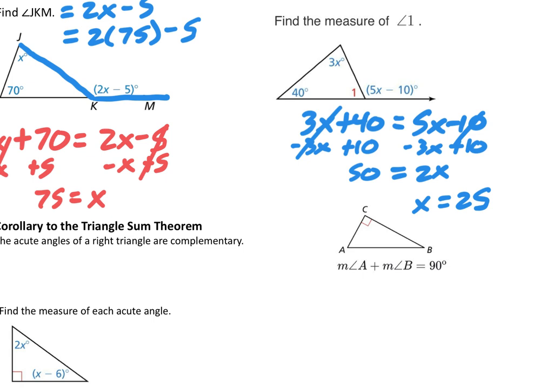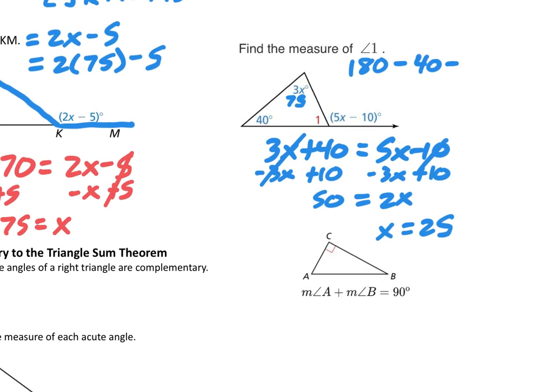So if I plug 25 in up here, then this angle is 75. What do I know about the measures inside of the triangle? They're 180. So I could do 180 minus 40 minus 75. What's that leave us with?